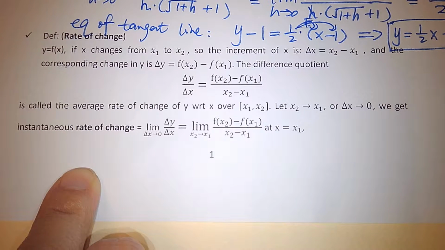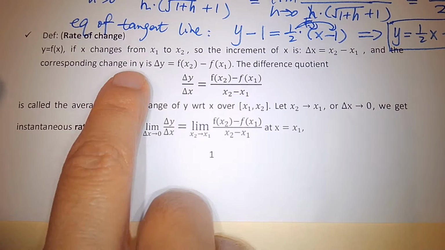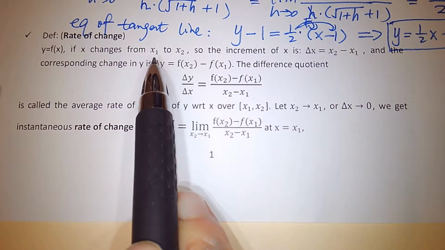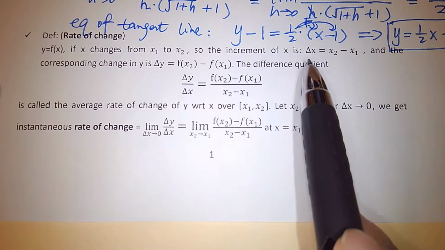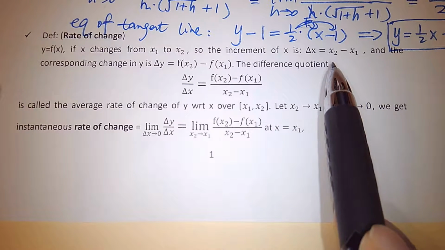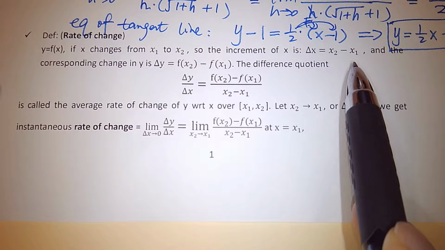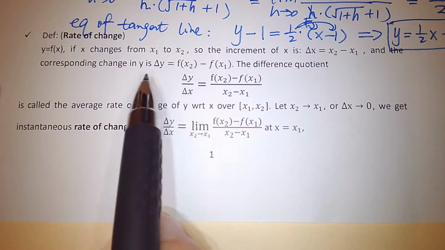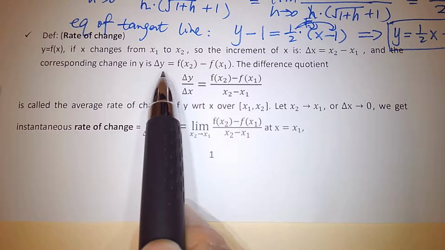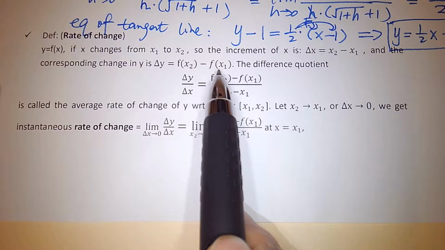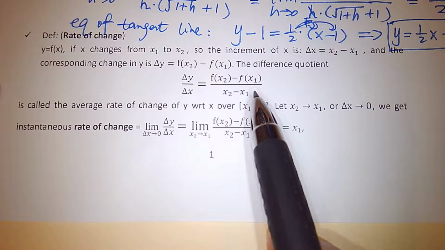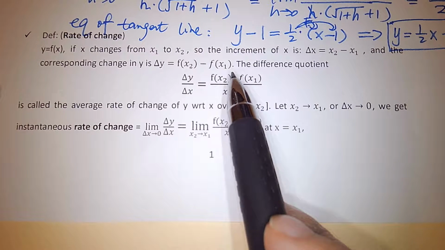y equals f of x. If x changes from x sub 1 to x sub 2, the increment of x is delta x equals x sub 2 minus x sub 1, and the corresponding change in y is delta y equals f of x sub 2 minus f of x sub 1.